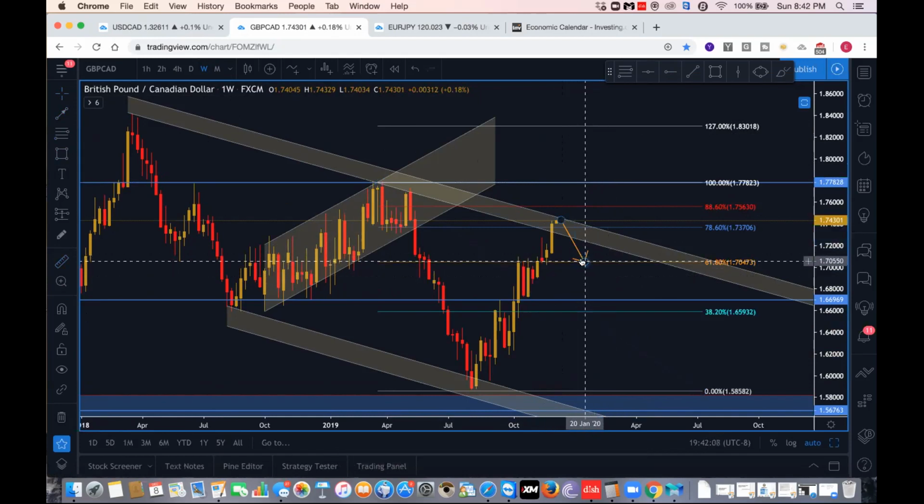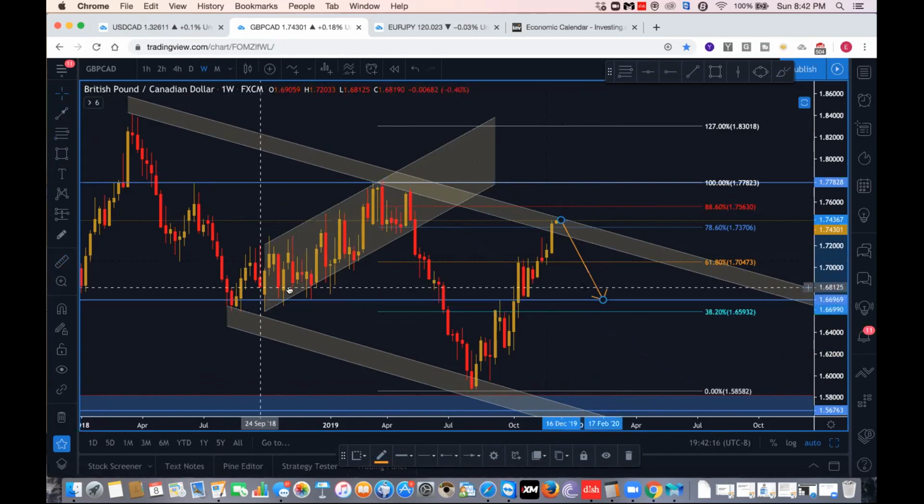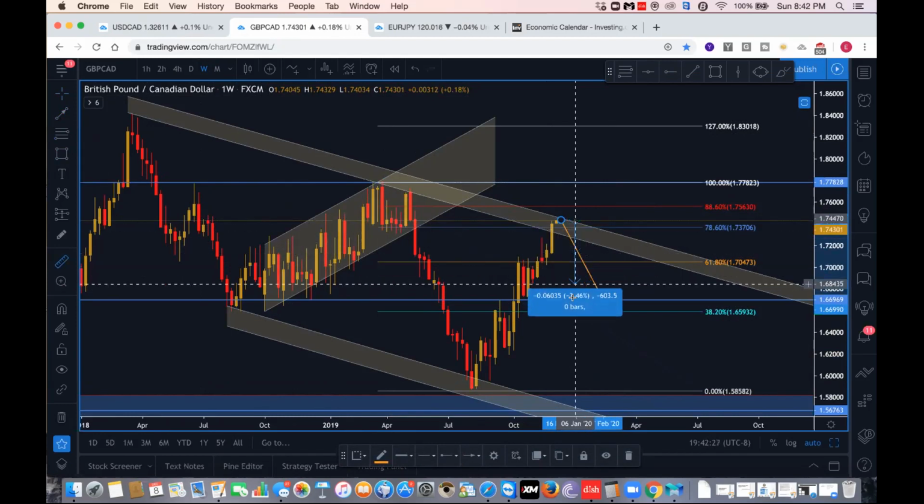Overall, if that does hold, I can really see price push back down here, because this is aligned with all these wicks around here and this critical support level. So this level could get hit, from the 174 level all the way down to 167. That's 700 pips just like that.